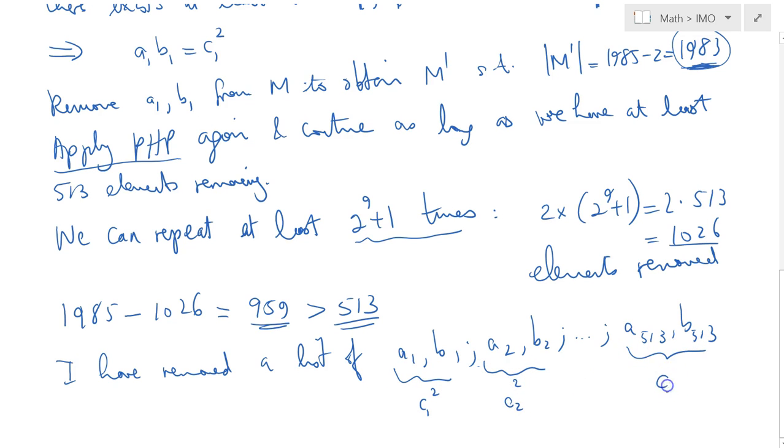So c sub 513 squared is equal to a perfect square when you multiply them. That's what I mean: a1 b1, a2 b2, and so on. A 513 times b 513 is equal to a perfect square. But then I can apply the pigeonhole principle one last time, right?